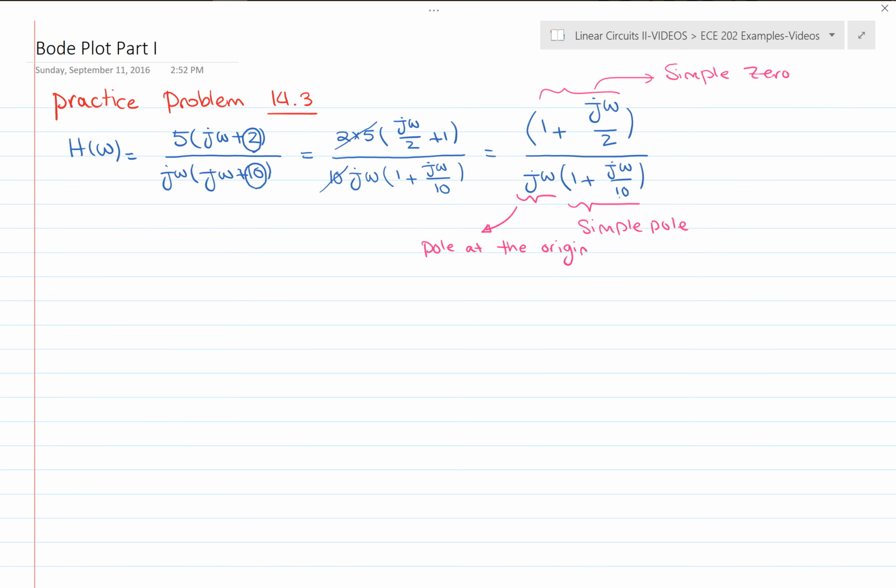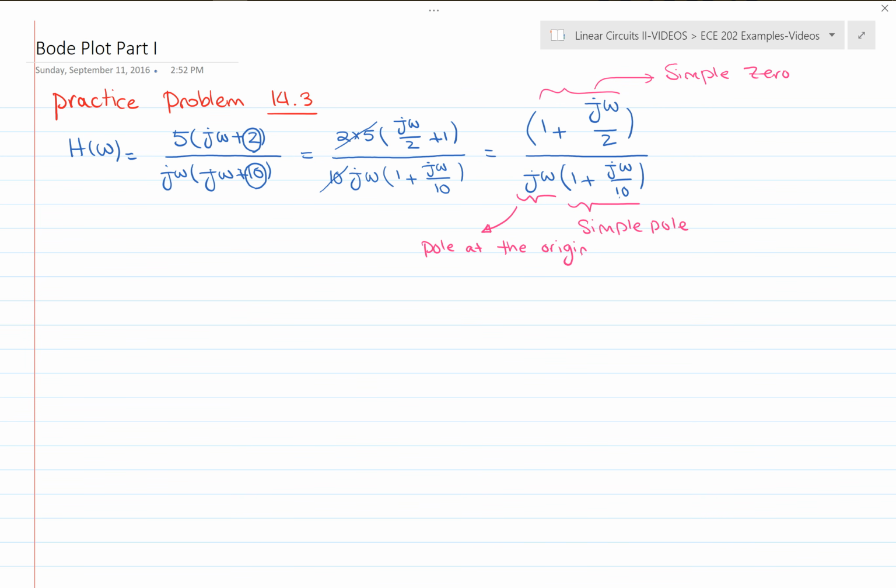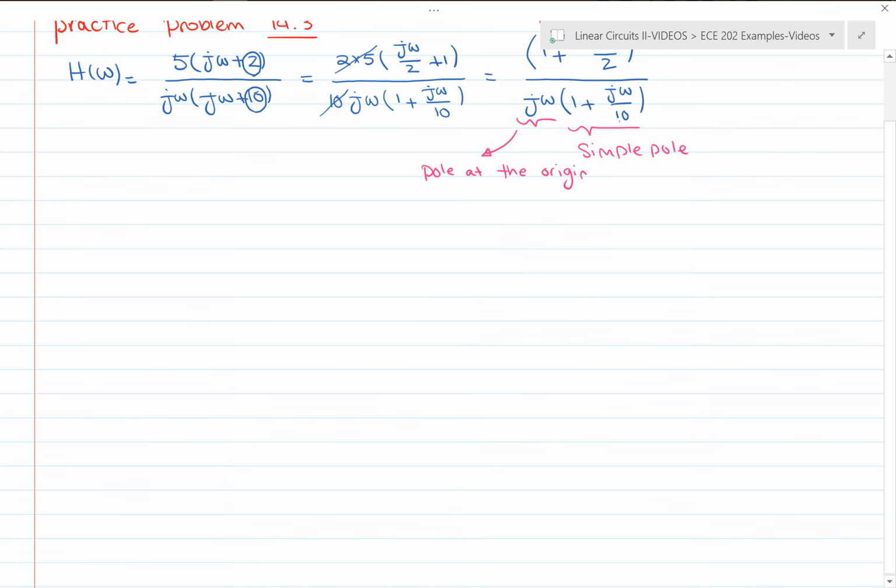So for the first example, I'll just do it on a plain paper, but in class I'm going to do it on the semi-log paper so you can see how we can draw on that paper as well, because in the exam I'm going to give you the semi-log papers to draw on.